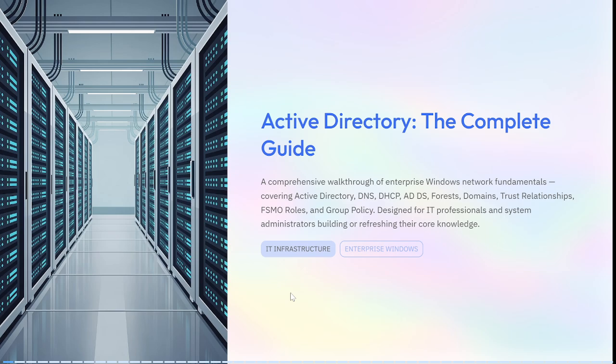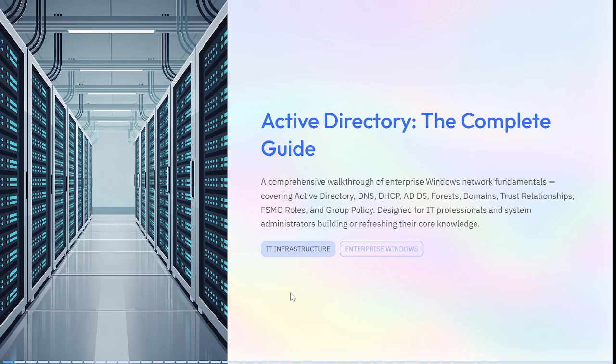In this complete guide, we will understand what Active Directory is, how DNS and DHCP work with AD, forests and domains, domain controllers, FSMO roles, group policy, trust relationships, functional levels, and finally how everything works together during a user login process. I will explain everything with simple real world examples so even beginners can understand clearly. So let's get started.